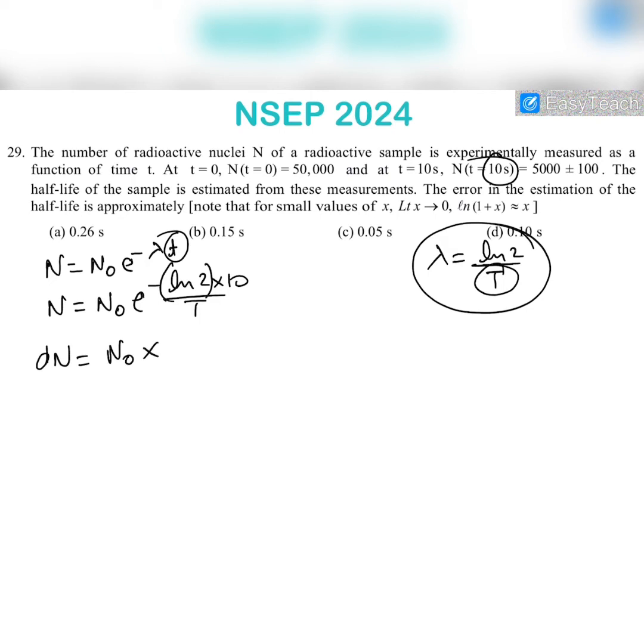So the differentiation of this will be minus ln2 into 10 divided by T square into minus dT.